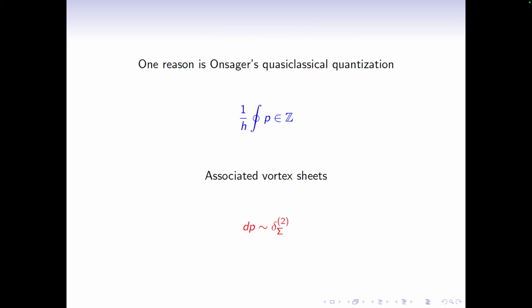So one reason is the somewhat mysterious proposal by Onsager to impose the quantization condition on the momentum, saying that the circulation around any closed loop should be an integer in the units of Planck constant without bar.